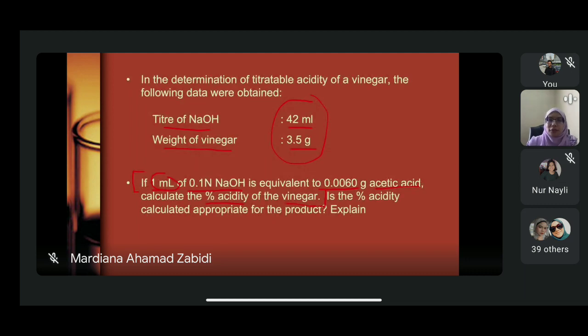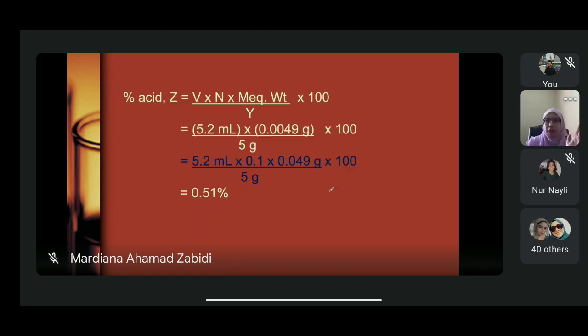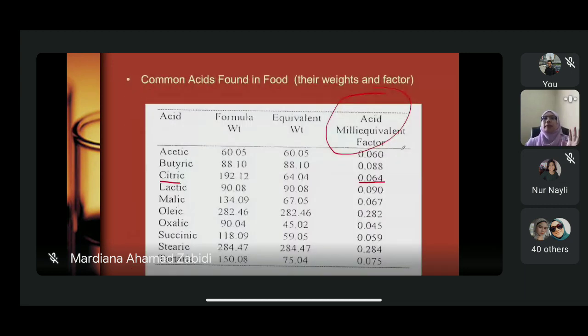Okay, now refer back to your question for this particular vinegar, titration vinegar. Okay, diberi for every 1 ml of sodium hydroxide with 0.1 normality of sodium hydroxide, it is already given as 0.006 of acetic acid. Okay, this one is 0.1 normal. Now, kita rujuk balik, we refer to the table for milli equivalent factor. Okay, vinegar tadi apa? Acetic acid. Sepatutnya milli equivalent factor dia berapa? 0.06.